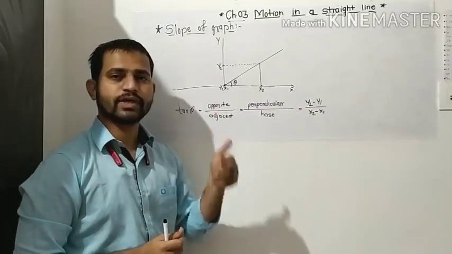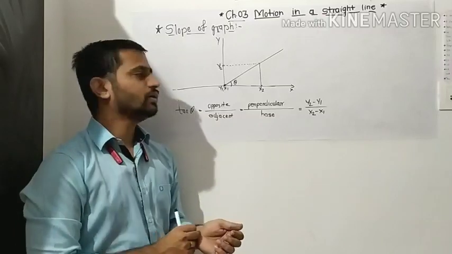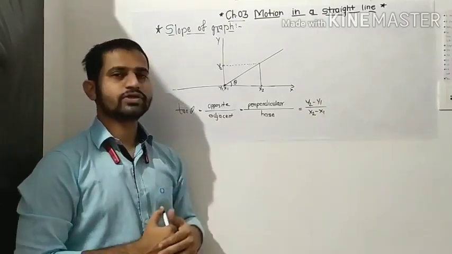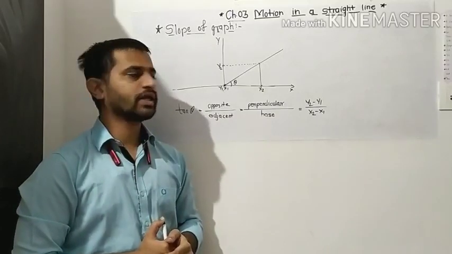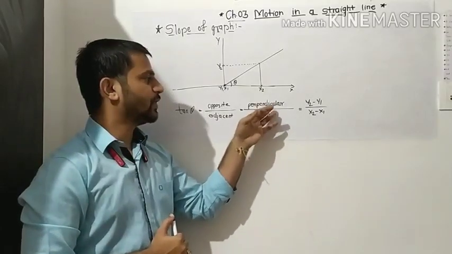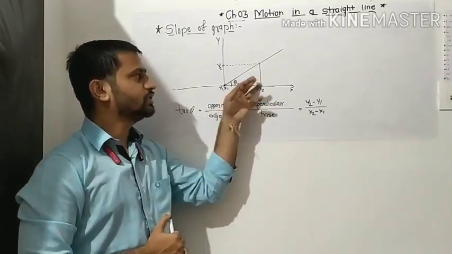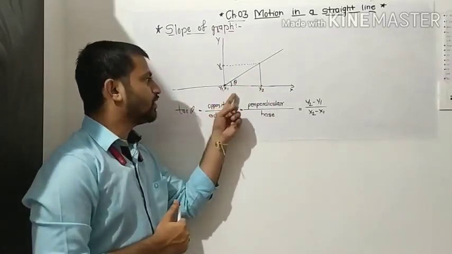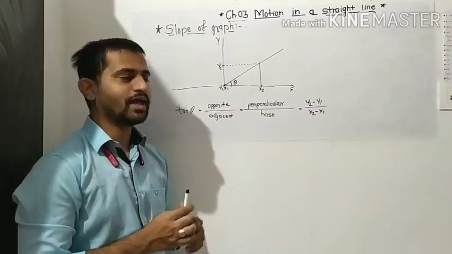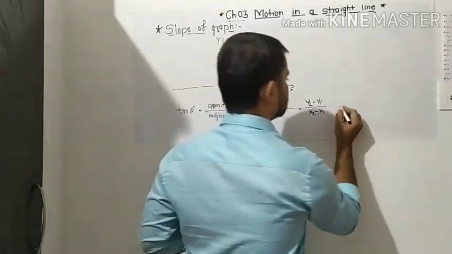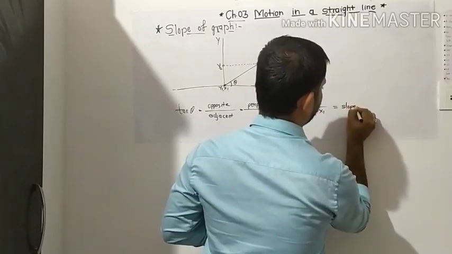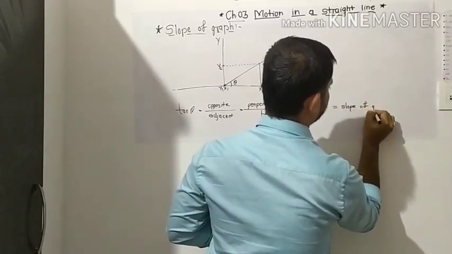That is, the final position minus initial position along the y-axis upon the final position minus initial position along the x-axis. This way we can find the perpendicular and base. Accordingly we can find the tan of this angle, and this tan of the angle is nothing but the slope of the graph.